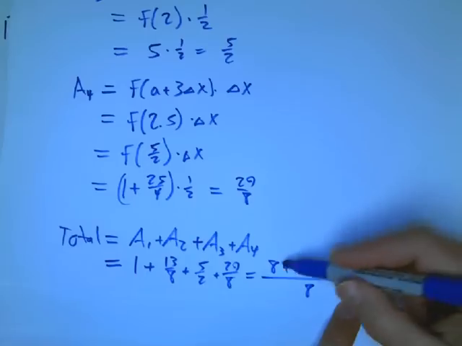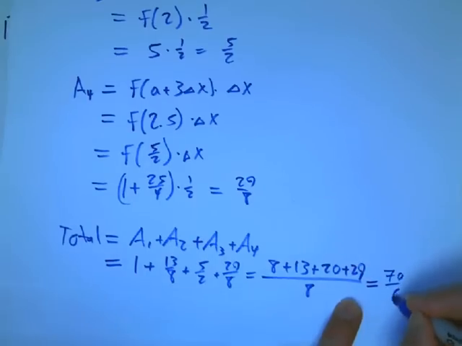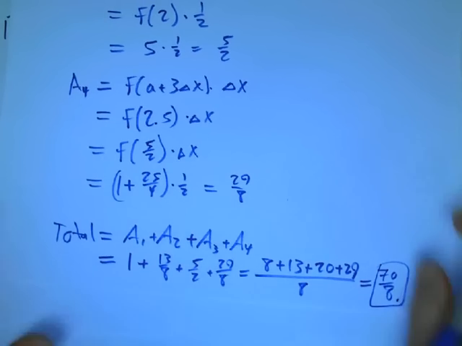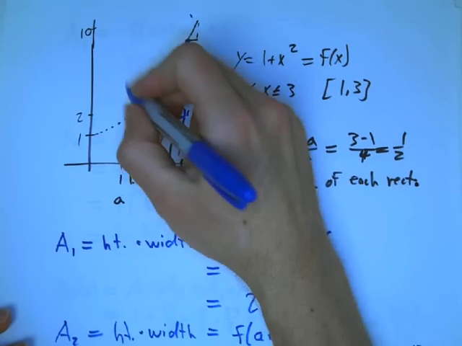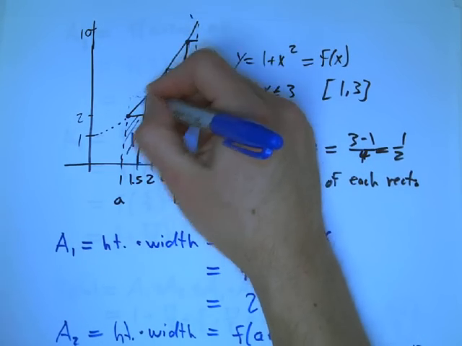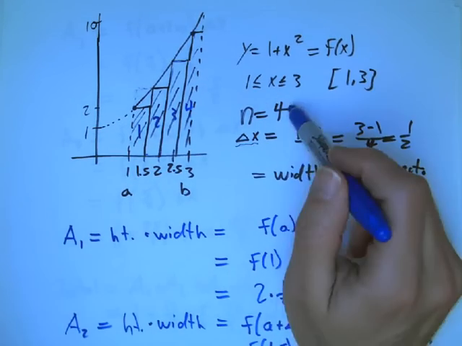Notice these numbers are getting bigger. That makes sense because the rectangles were clearly getting bigger as we went over. So that's 21. This looks like 70 over 8. And there's an approximate version of this area. That's just approximate. It's definitely missing these little segments in here, these little sort of curvy-sided triangles in here.